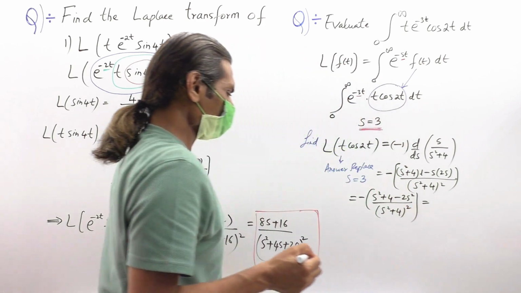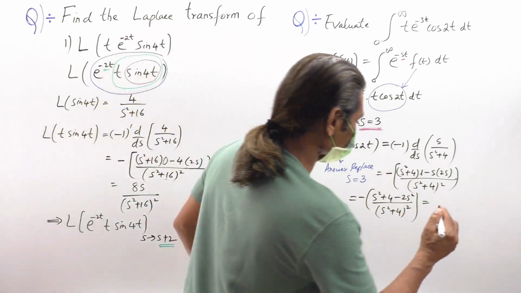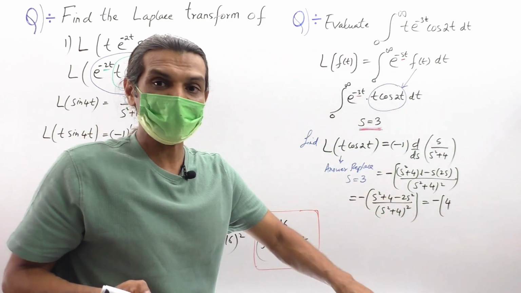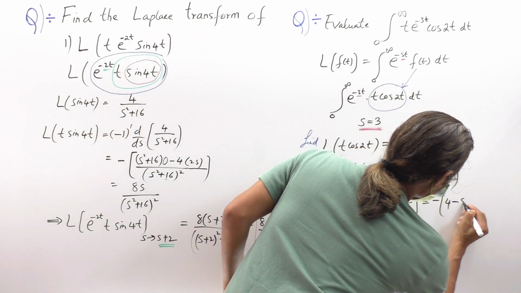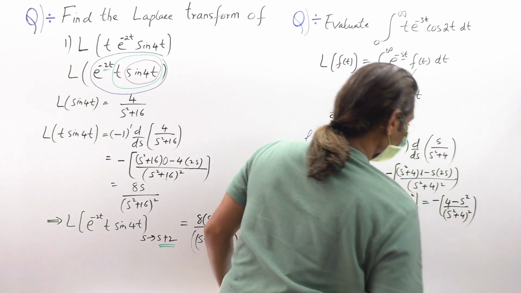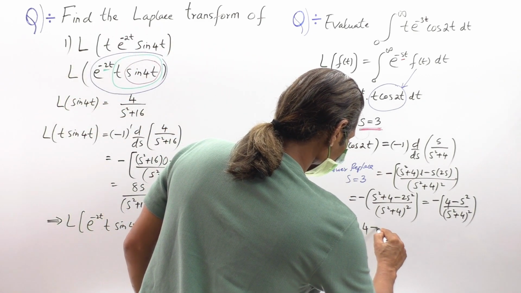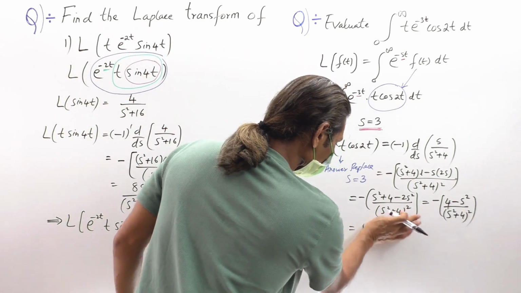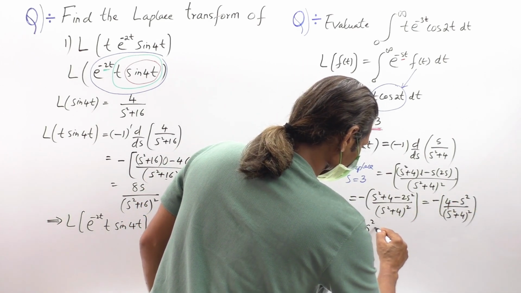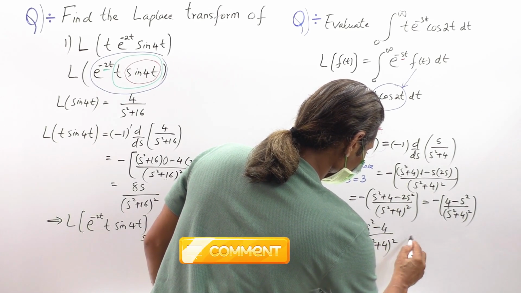So I write here s square minus 2s square, 4 as it is, plus 4. s square minus 2s square will be minus s square, so minus of minus s square minus 4, divided by s square plus 4 the whole square. Now open the bracket, minus into minus is plus, so the final answer for this will be s square minus 4 divided by s square plus 4 the whole square.